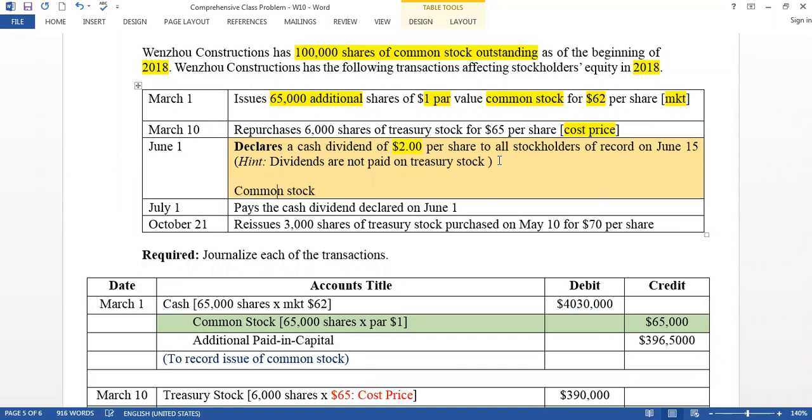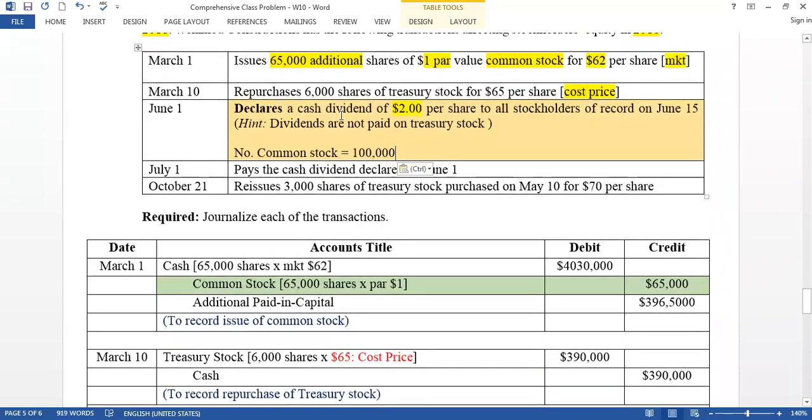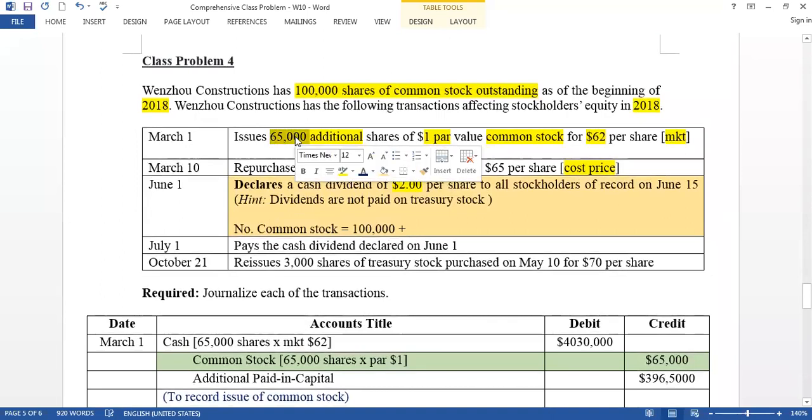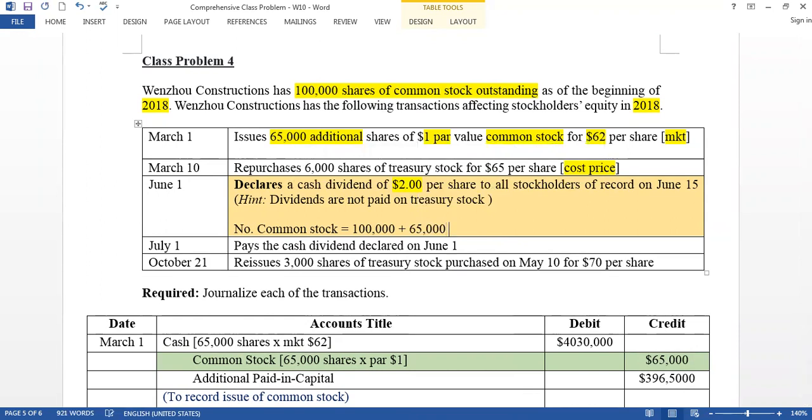You have to calculate the number of common stock. First, we had a balance of 100,000 shares. After that, how many do we sell additionally? We sell an additional 65,000. From here, we buy back 6,000, which is minus.